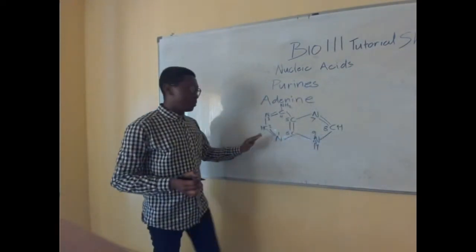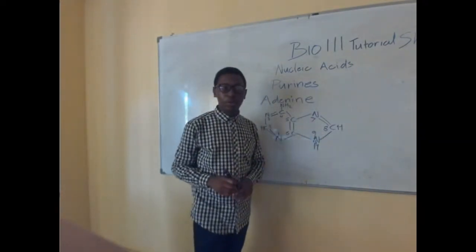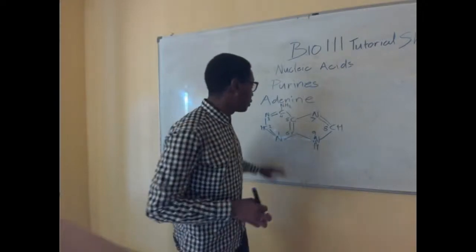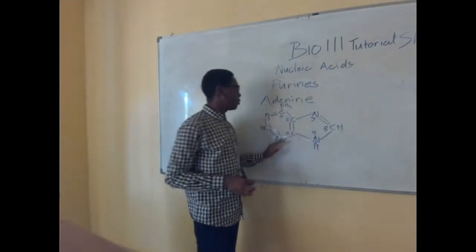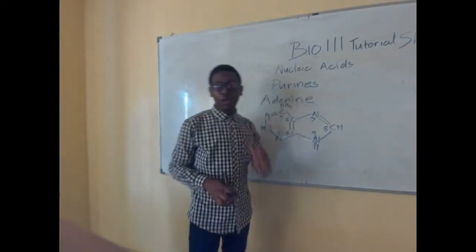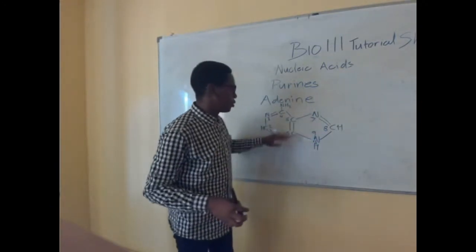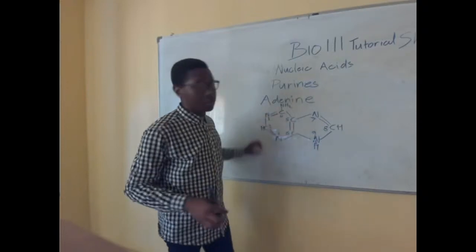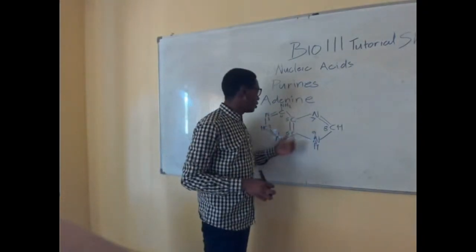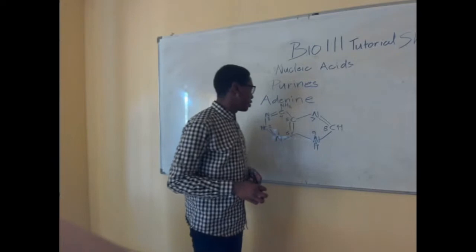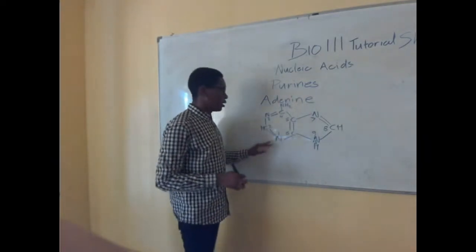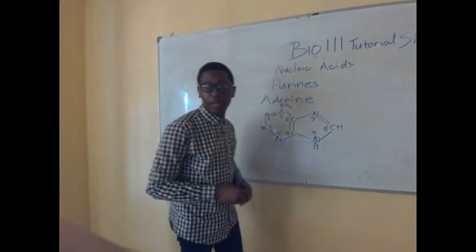So in a purine molecule, we have 9 atoms in the ring structure. So remember, by definition, the purines have 2 ring structures. So we have 1 and 2. So these are the 2 ring structures that are found in purines, in adenine specifically. So that's the structure of adenine.